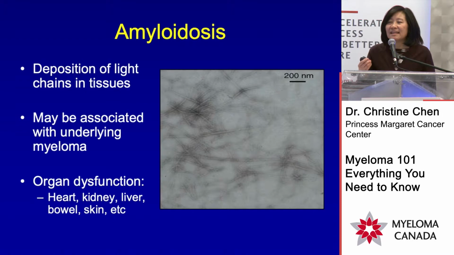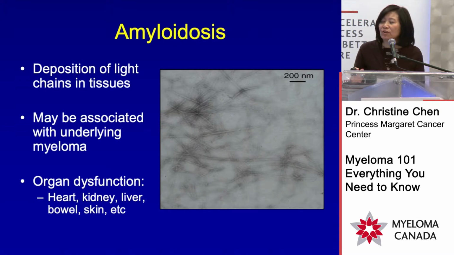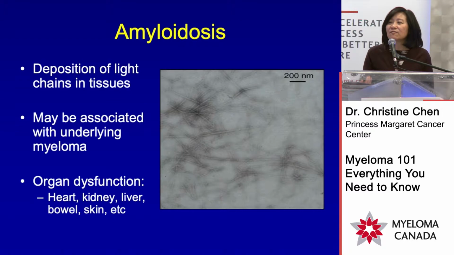When it gets laid down in heart or kidneys, it can cause significant dysfunction. And that can be either a disorder by itself or it can be associated with myeloma. So we are always on the lookout for this complication because it does significantly change how we manage the disease.